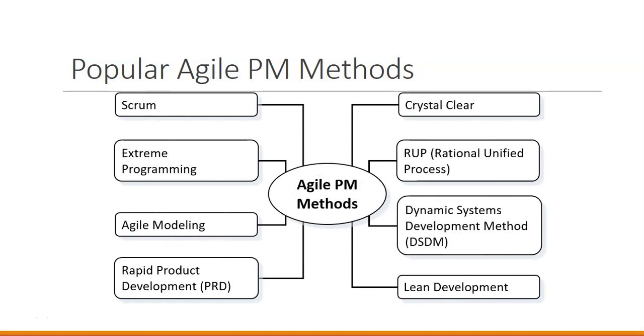These are some of the popular agile project management methods, as this chapter just introduces agile project management as an idea. It doesn't go deep into all of the different methods. It does talk almost exclusively about Scrum, which is the most popular agile project management method.